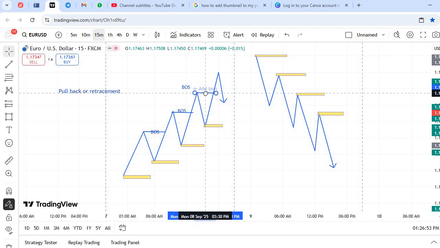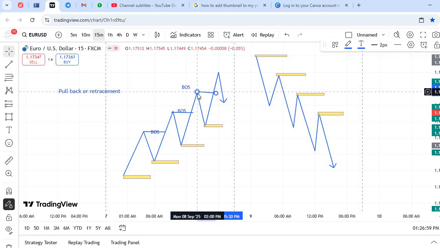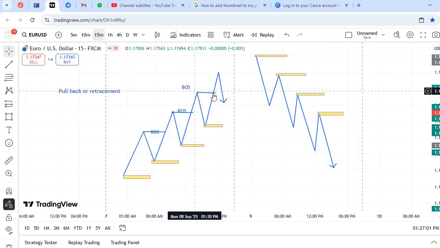And we have another break of structure here too. Please make sure you are paying rapt attention. So this is another break of structure.